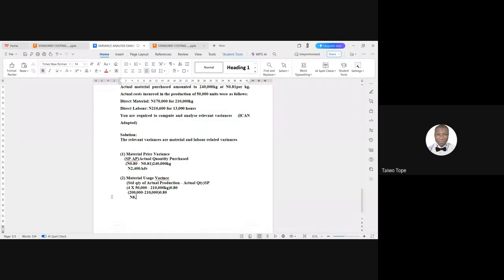Is it favorable or adverse? Adverse, because the actual is greater than the standard, the budgeted. So 8,000 naira adverse. Any question about this?